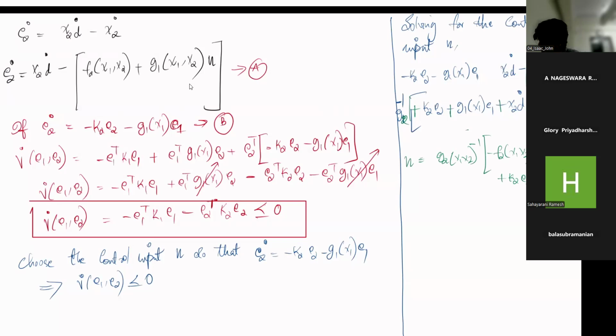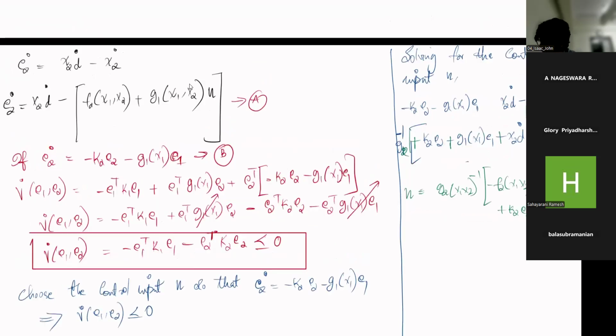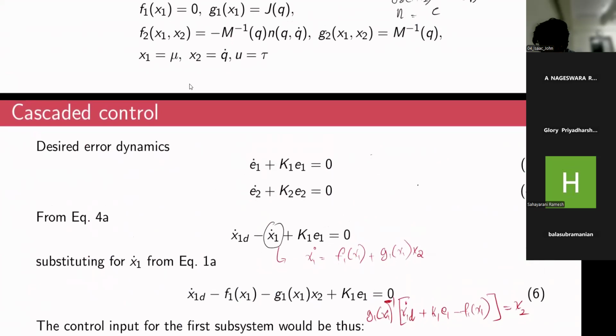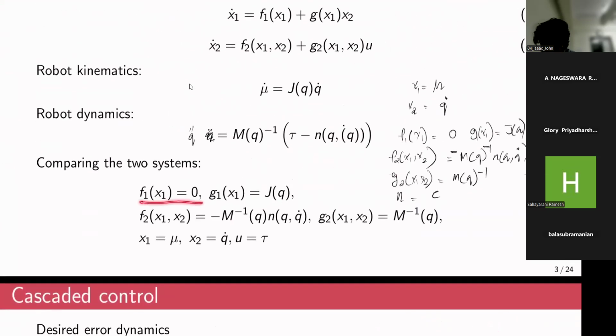Now, if you compare these variables with our actual robotic system, we basically know that F1 of X1 is 0, G1 of X1 is this Jacobian matrix.